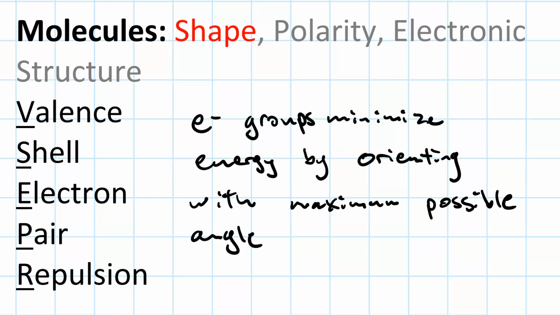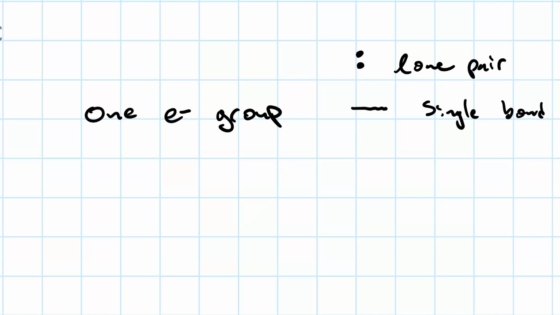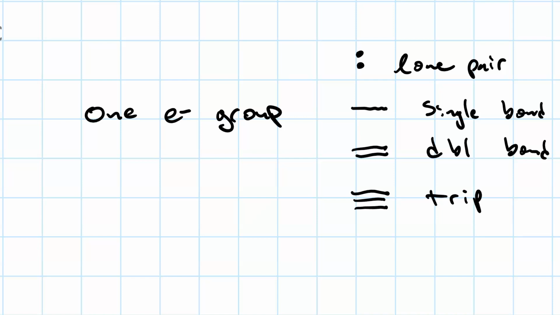So what constitutes one electron group? An electron group can be a lone pair, a single bond, a double bond, a triple bond, or a lone electron called a radical.